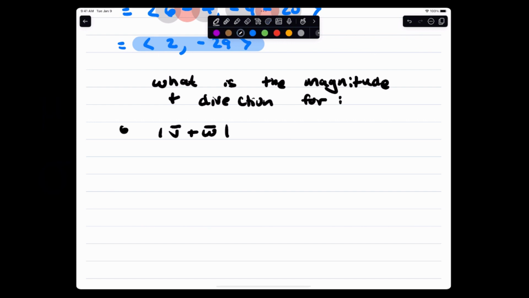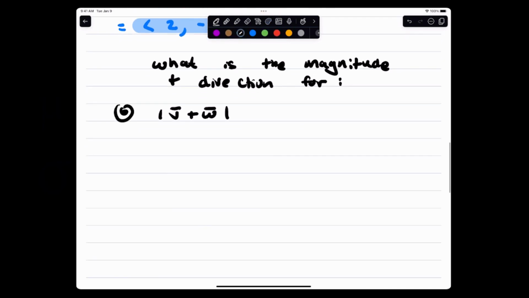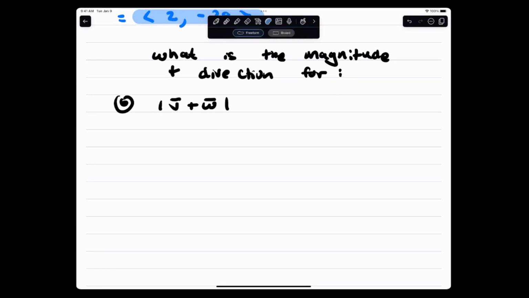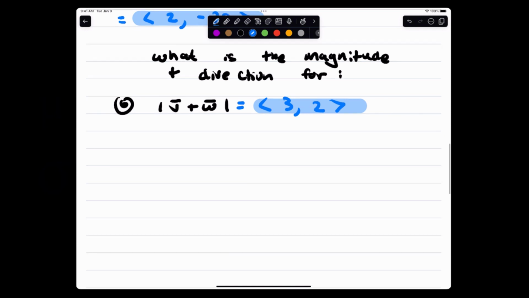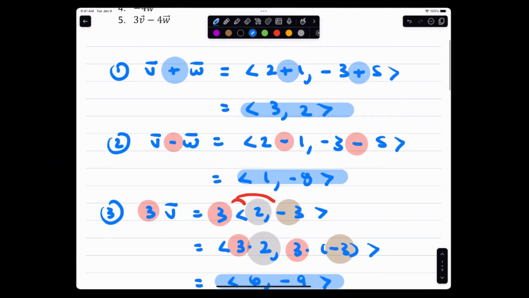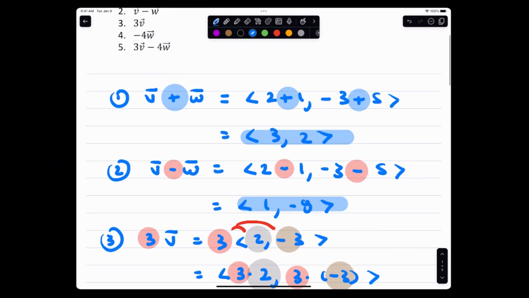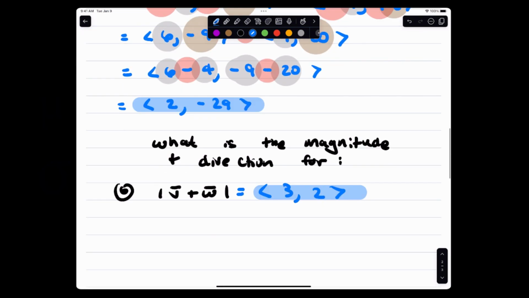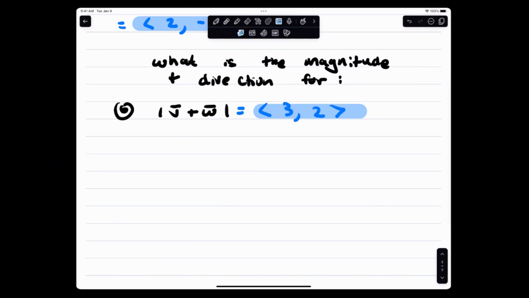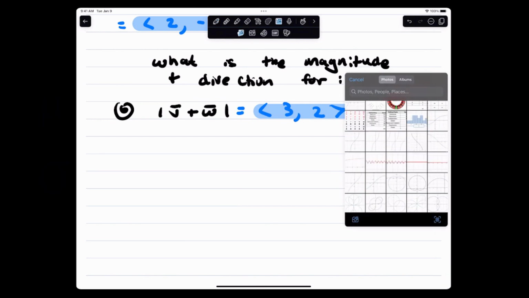And that's question 6, or example 6 here. Since we already know the components of the sum of these vectors, 3, 2, didn't we get that up here? So that's 3, 2.